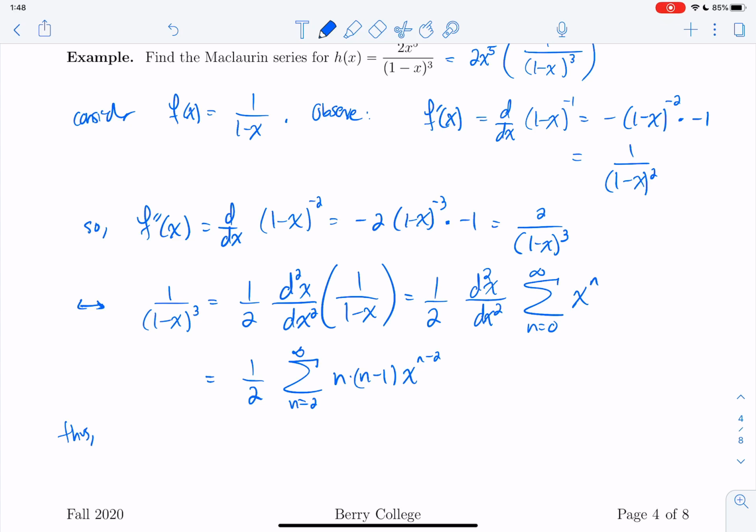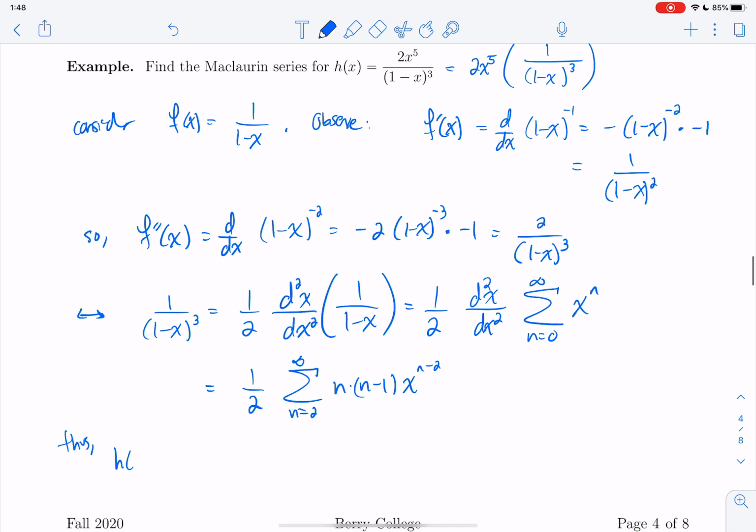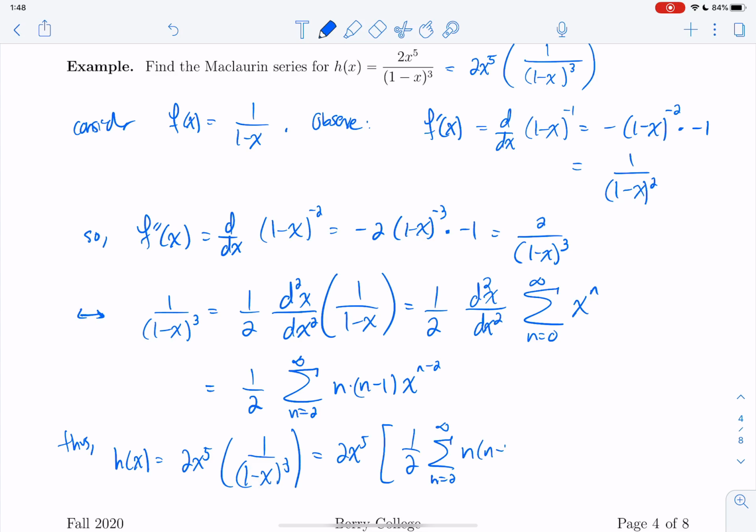Thus, the original function, h of x, which is 2x to the 5th times 1 over 1 minus x cubed, is now going to be 2x to the 5th times 1/2 the sum from 2 to infinity, n times n minus 1, x to the n minus 2. This is simply going to be, well, what do we have here?